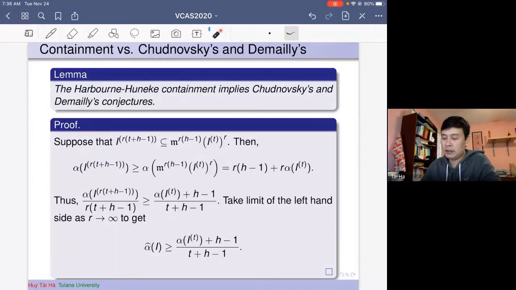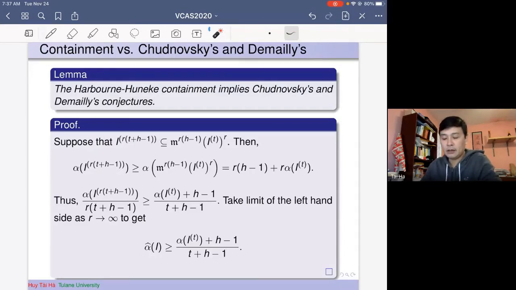Then we kill off the r, and on the right-hand side, we have exactly alpha of the t-th symbolic power of I plus h minus 1 divided by t plus h minus 1. So h here, let me remind you, is the big height of the ideal, right? And so in our case, the big height of the ideal of points is n.